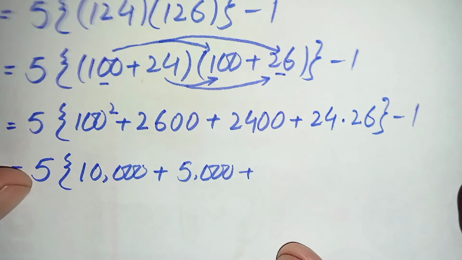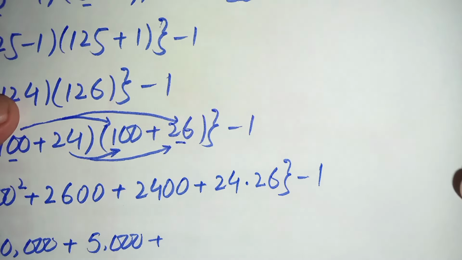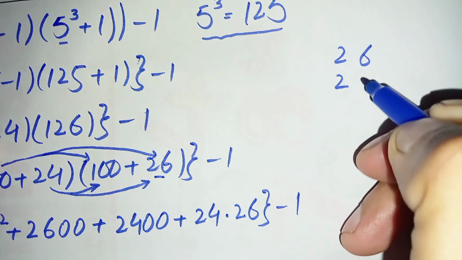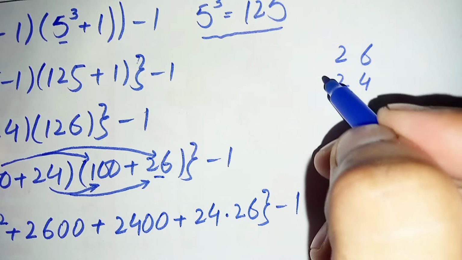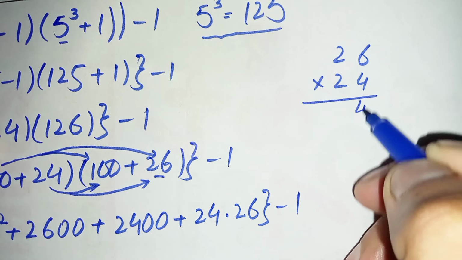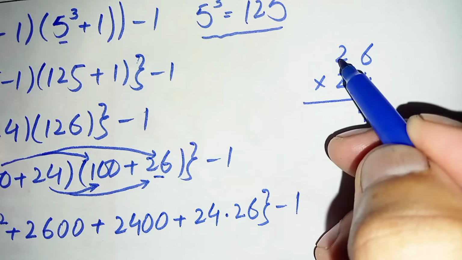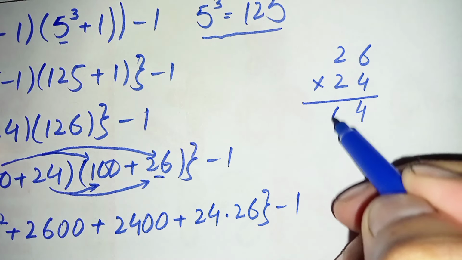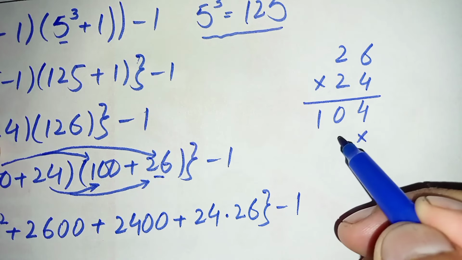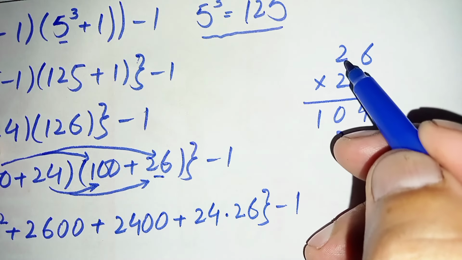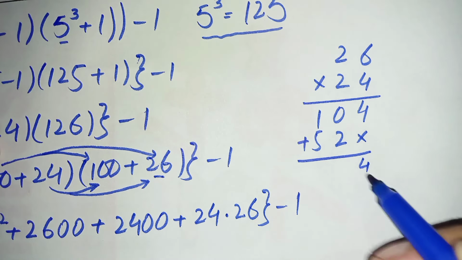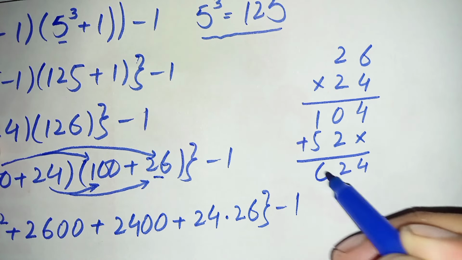we need to multiply this 24 with 26, so we will multiply it here, 26 times 24. 6 times 4 is 24, so 4, 2 will be carried. 4 times 2 is 8, 8 plus 2 is 10, so it is 104. 6 times 2 is 12, 2, 1 will be carried. 2 times 2 is 4, 4 plus 1 is 5, so this will become 624.